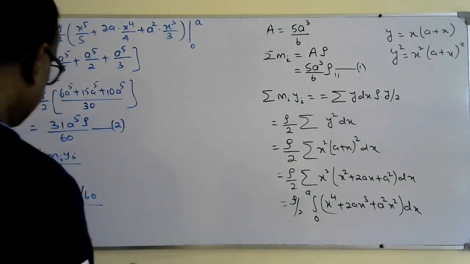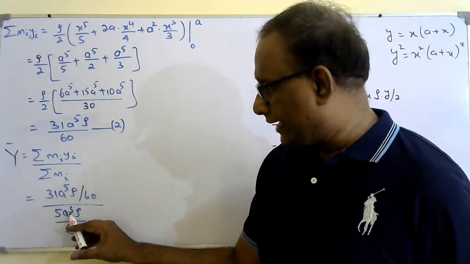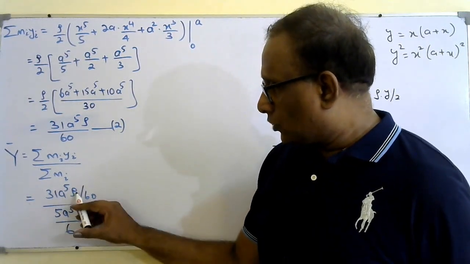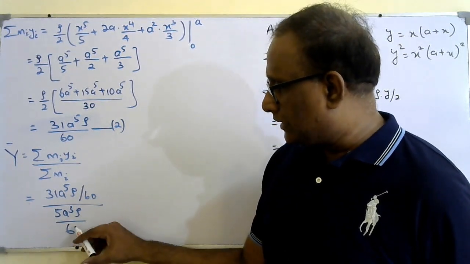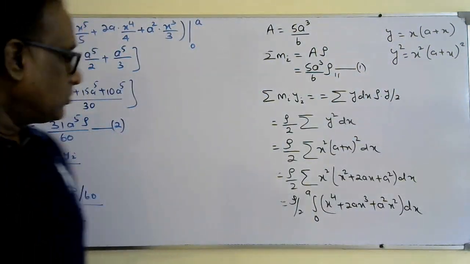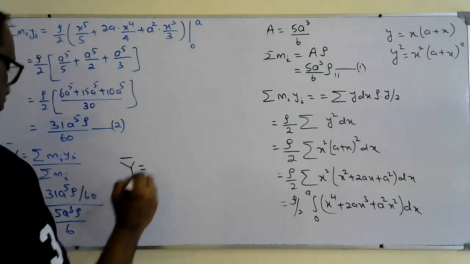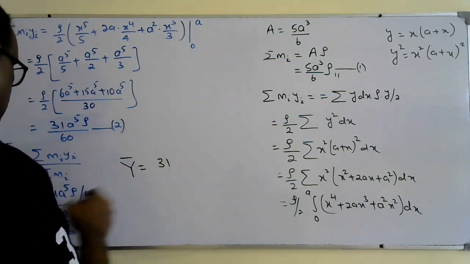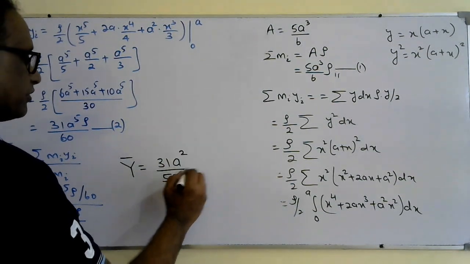Solve it. So here you can see 31a to the power 5 over a cube will become a squared. Rho will get cancelled, so this 6 will go up, 60 will come down, so 60 divided by 6 is 10, into 5, 50. So finally the y coordinate of the center of mass will be 31a squared over 50.